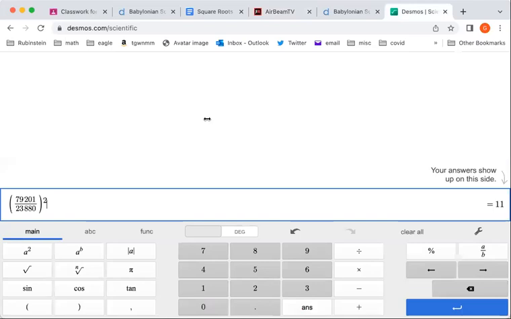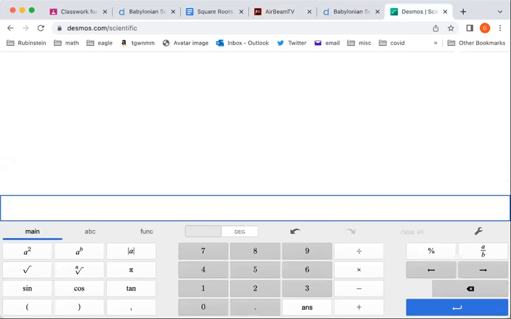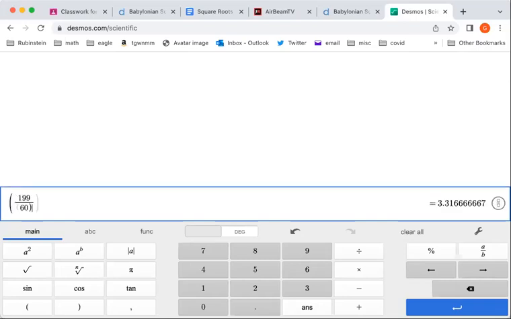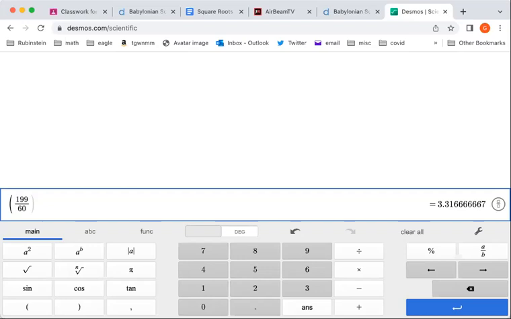If I take 199/60 and I square it, you can see it's 11.00027. So that's a pretty good approximation.